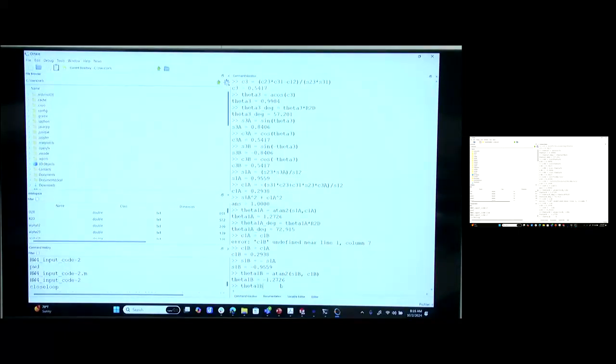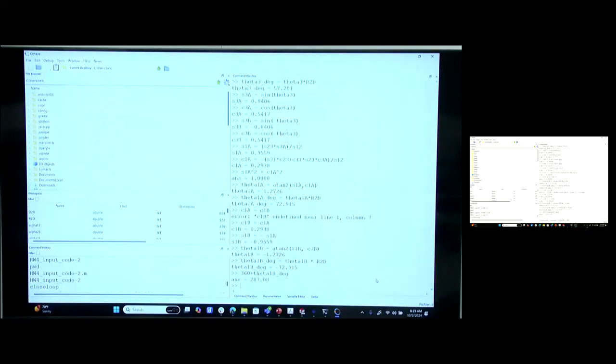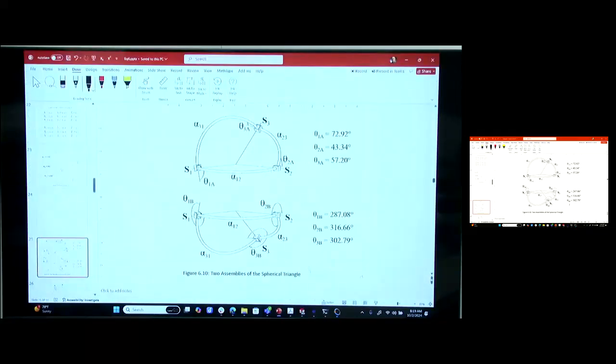Theta 1 B degrees is theta 1 B times rad 2 degrees, negative 72.9, well, let's add 360 to that. 360 plus theta 1B degrees, 287, because when I went to that slide, I was going to see the 287.